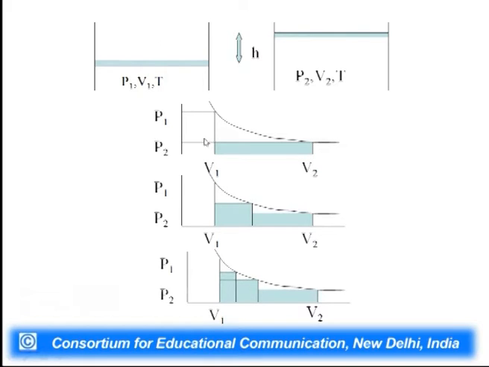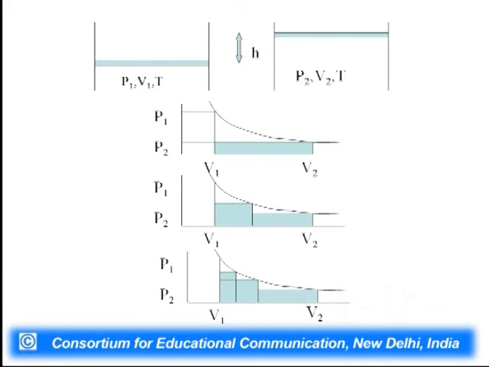Now, suppose I carry out the expansion in one step, going directly from V1 to V2. In that case, your P external will be P2, and this area will give you the total amount of work done by the system.